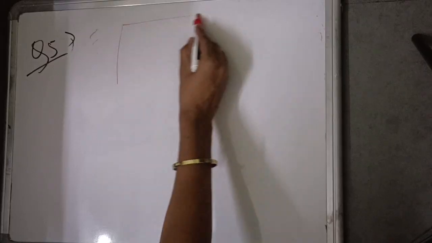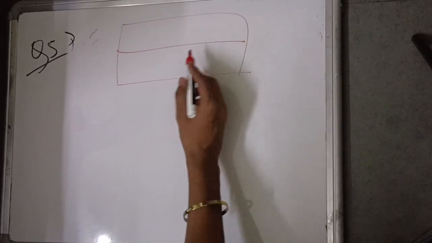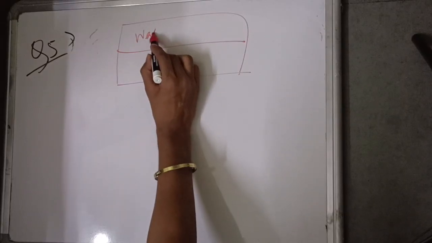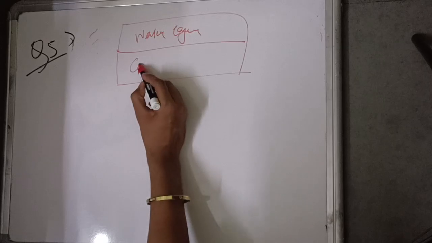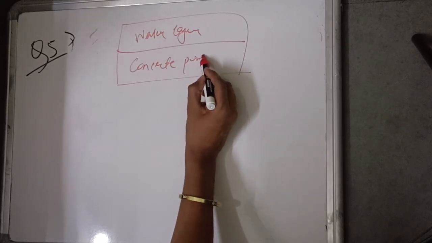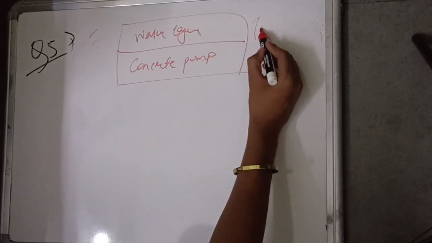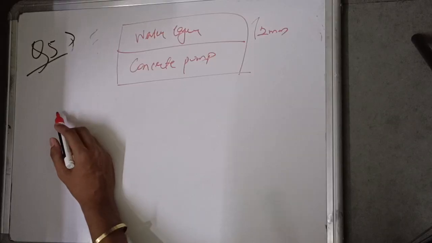Let's draw the diagram of the question to get it more clear. In this we have the water layer, which is 2 mm thick, at constant temperature.